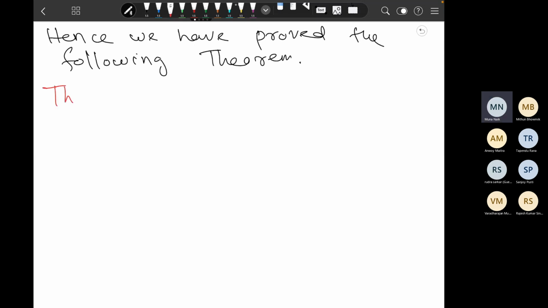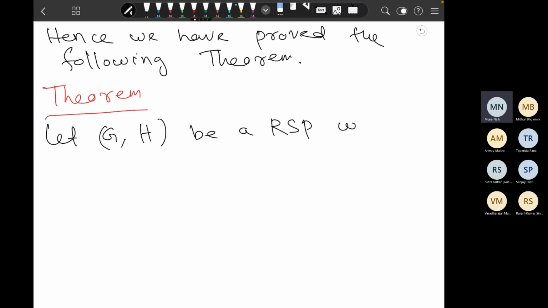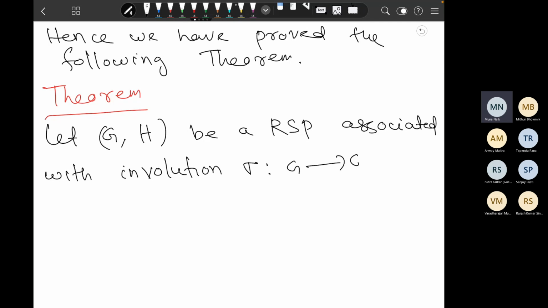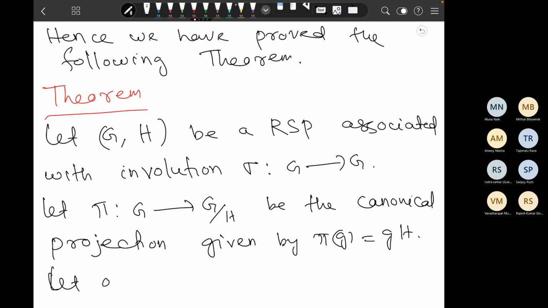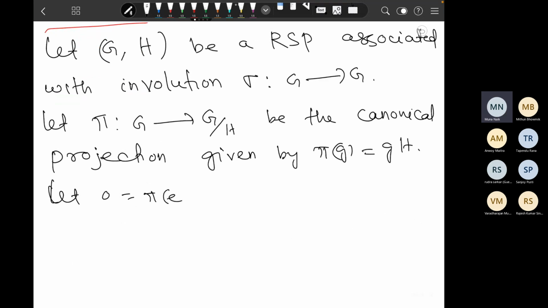So let (G, S) be an RSP, Riemannian symmetric pair, associated with involution sigma from G to G. Let pi from G to G mod S be the canonical projection given by pi(g) = gS. Let O = X = pi(e).